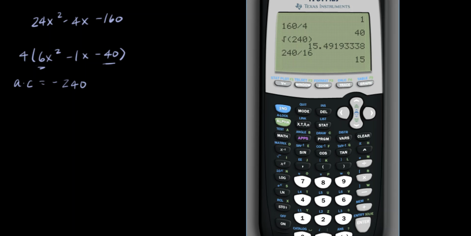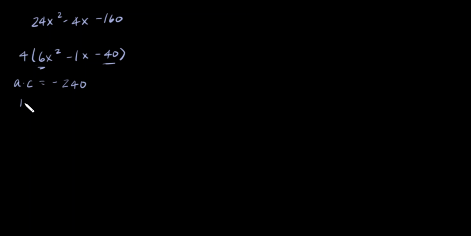I didn't even have to use y equals. It's actually going to be 15 and negative 16 because we see the negative in the coefficient of the b. So these are the two factors of negative 240 that, when you add them together, give you negative 1.